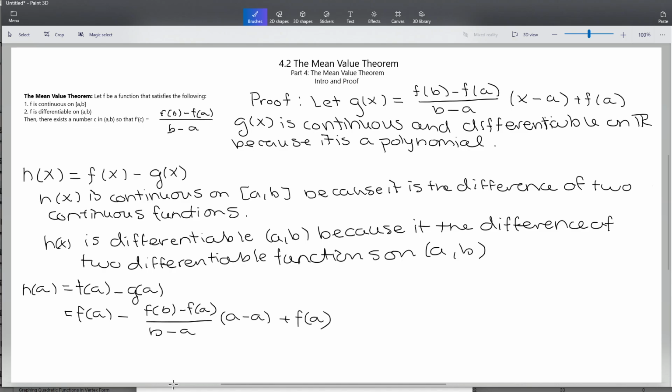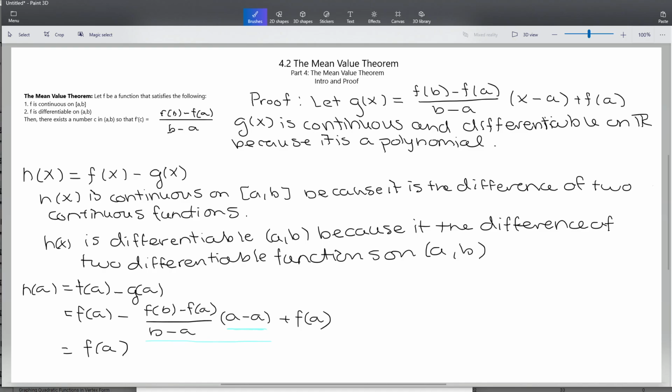Okay, now a minus a is going to be 0. So this whole term in the center is going to be 0, right? This whole thing here, this whole term will be 0 because a minus a is 0.